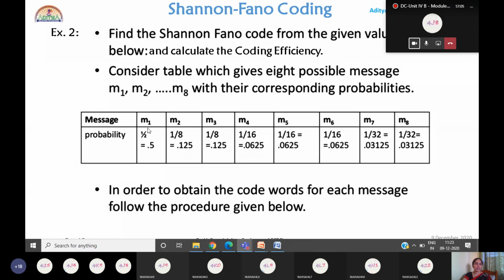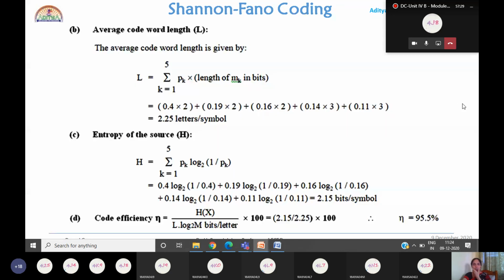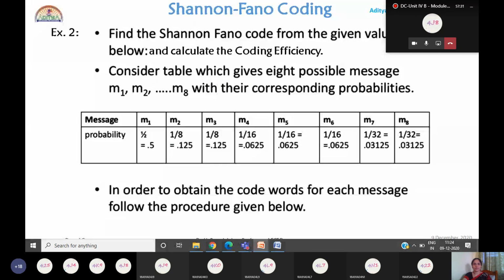That table consists of: first column messages, second column probabilities, third column partition 1, fourth column partition 2, partition 3. This process will continue till each subset consists of only one symbol, and then the code word and the code word length. Like that you need to represent the table.